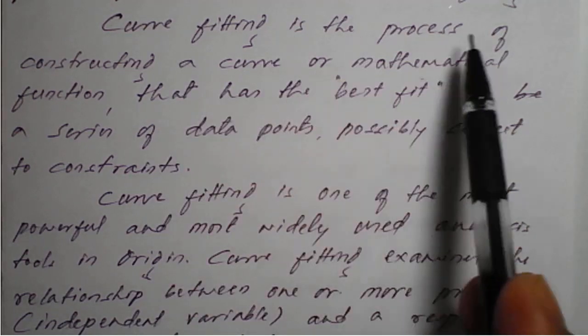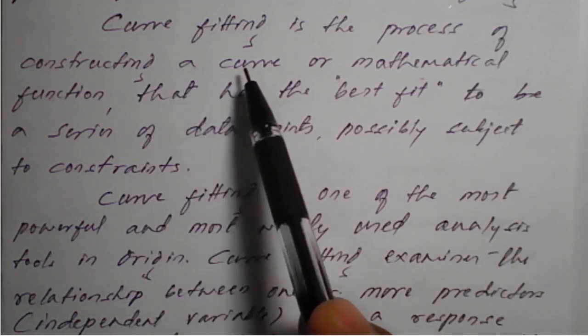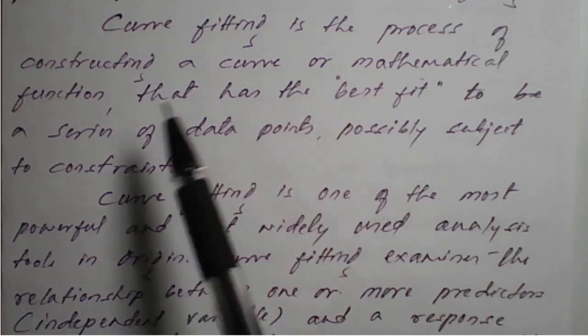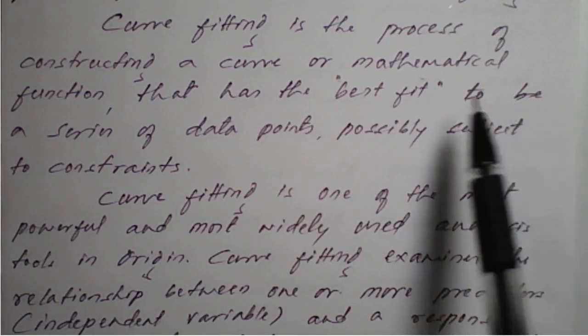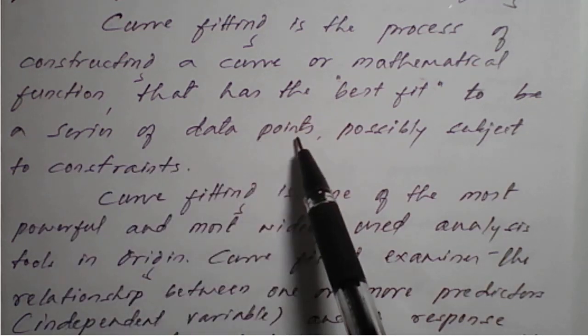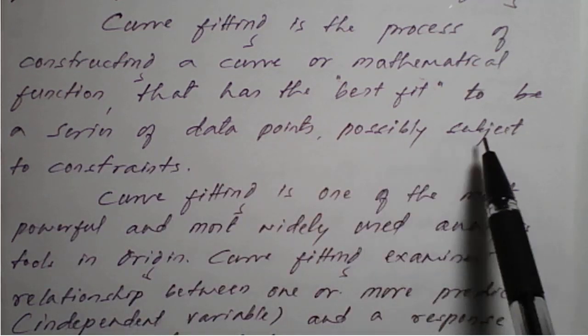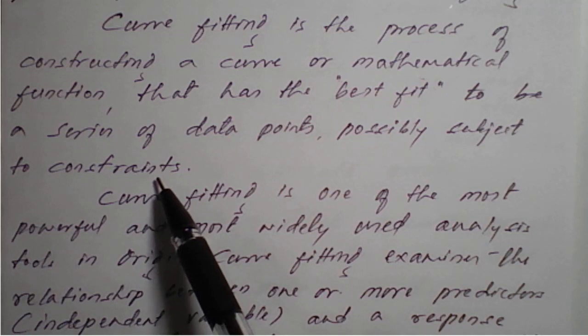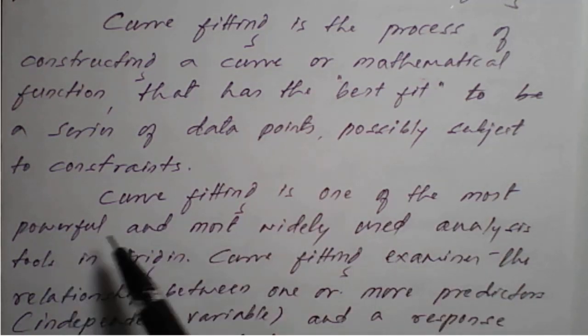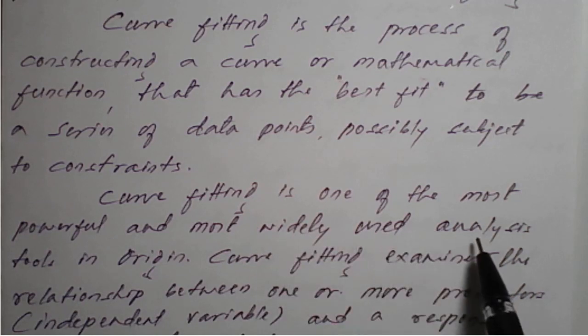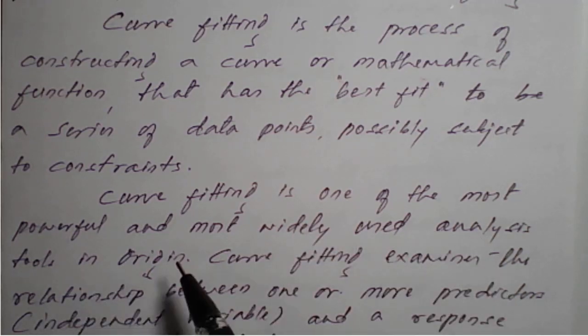Curve fitting is the process of constructing a curve or mathematical function that has the best fit to a series of data points, possibly subject to constraints. Curve fitting is one of the most powerful and most widely used analysis tools in Origin.